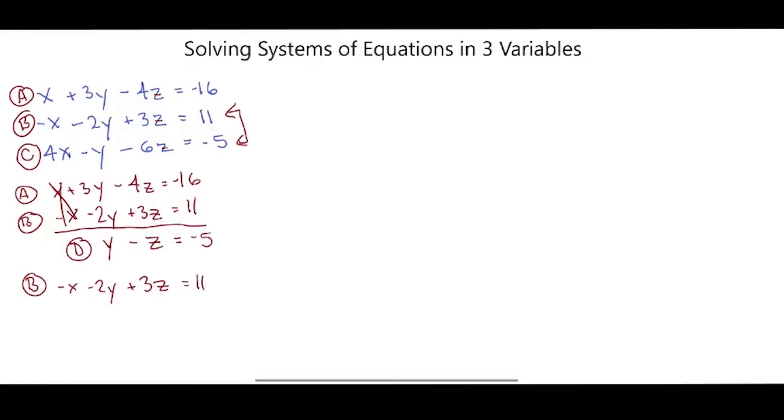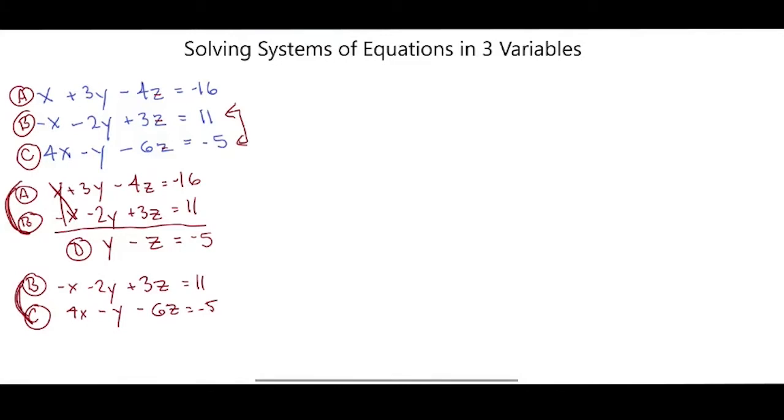All right, now I'm going to bring down C, okay? So I got 4x minus y minus 6z equals negative 5. Well, I canceled the x's right here, so I'm going to want to cancel x's right here.